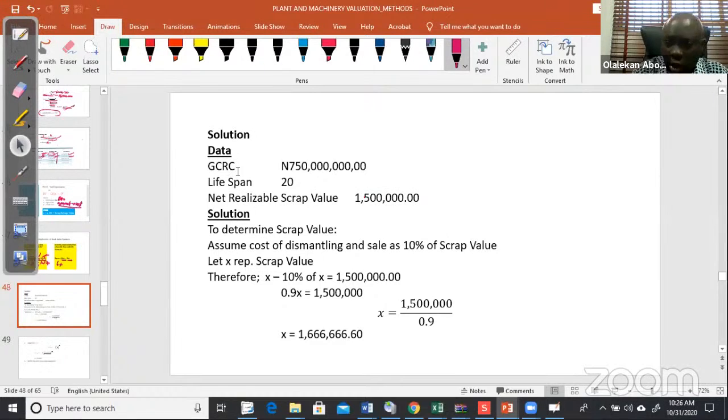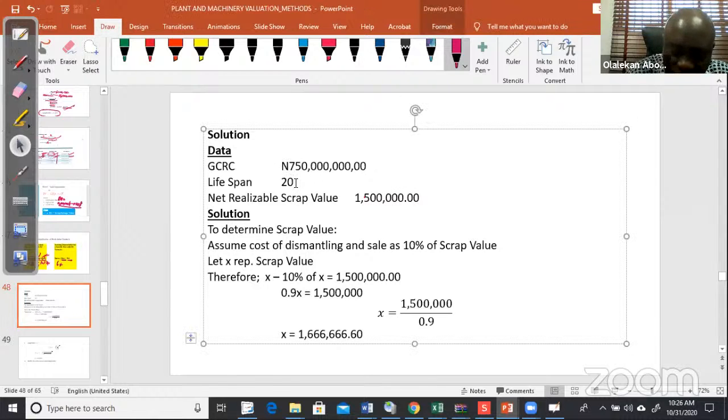Gross current reproduction cost, 750 million. Lifespan, 20 years. Then net realizable scrap value, that's what they call net of expenses, 1.5 million.